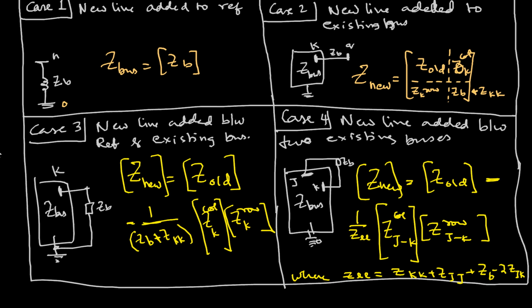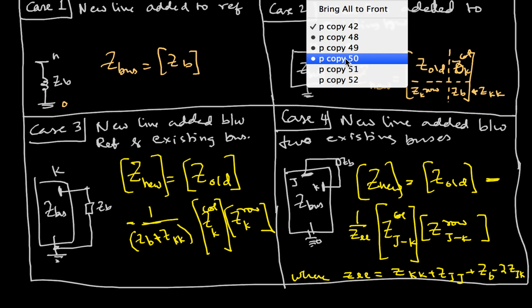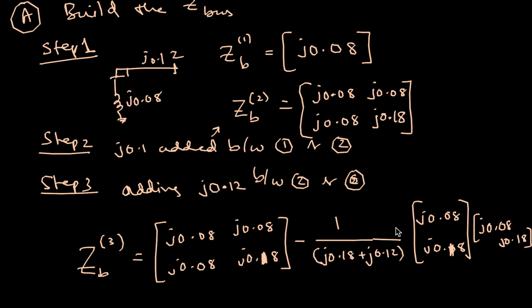So I think this is the case we are talking about. New line added between the reference and existing bus. So you take the bus and then minus 1 by zkk column, and okay. So I think I have got it correct. So let me go to my present page now. So this is all correct.